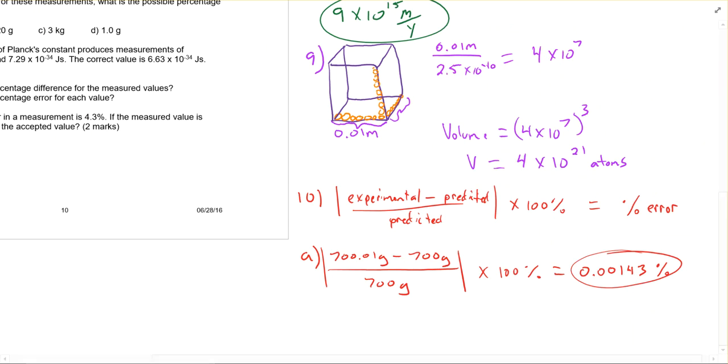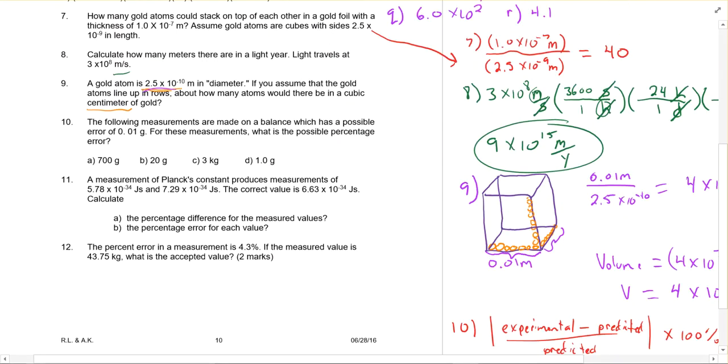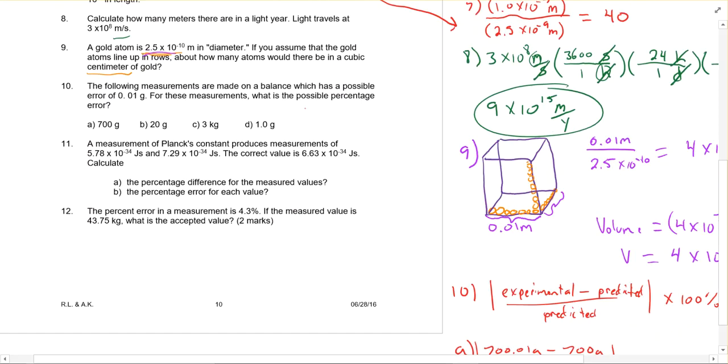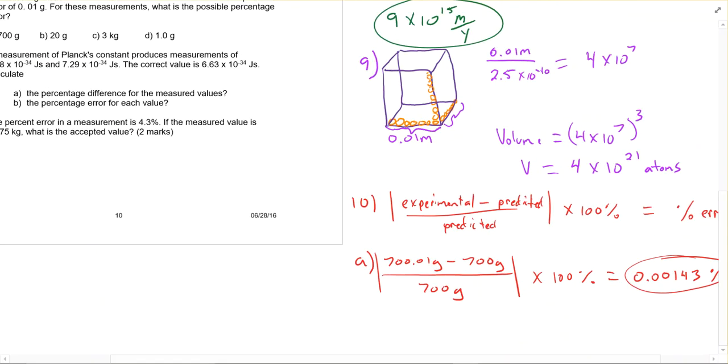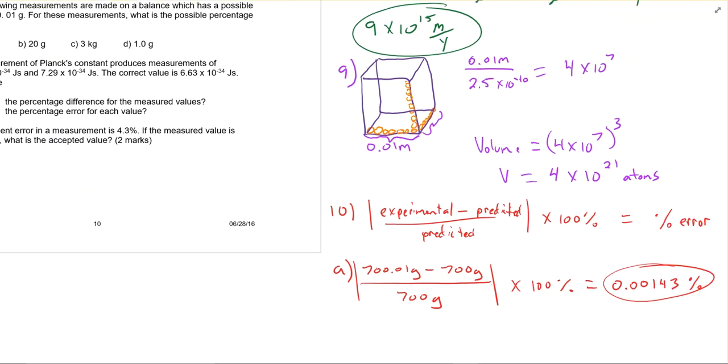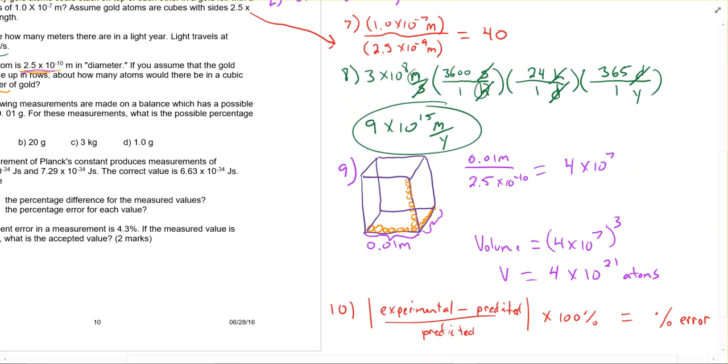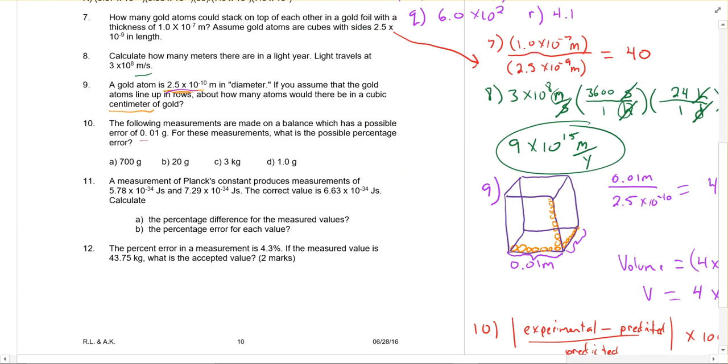For number 10, the following measurements are made on a balance, which has a possible error of 0.01 grams for these measurements. Remember our formula for percent error is experimental minus predicted, divided by predicted, times 100. The only thing to really know here to make sure you don't make a mistake is that my experimental value in this case would be 700.01, because that was what my possible error might be.